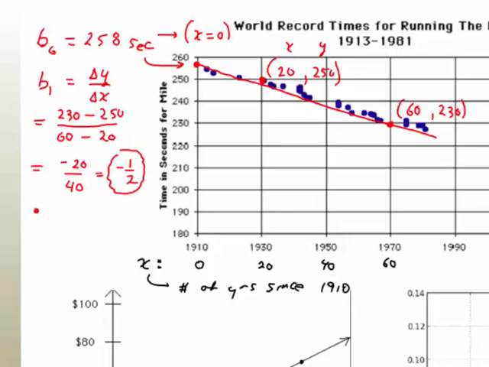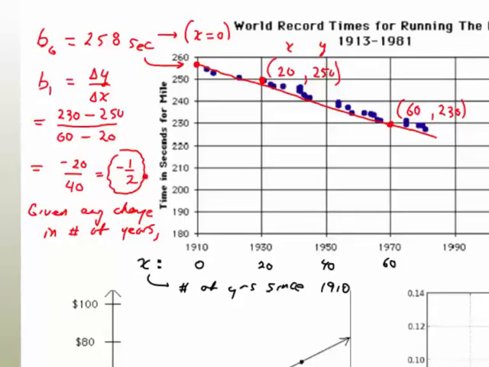So given any change in number of years, how much does the time in seconds change? Given any change in the number of years gone by, how much does the world record time change?